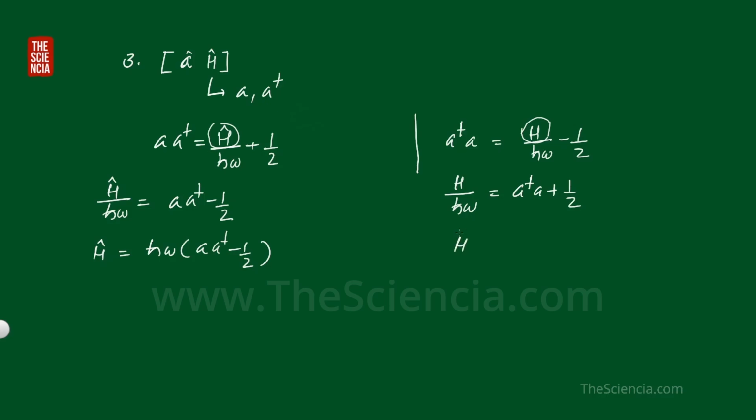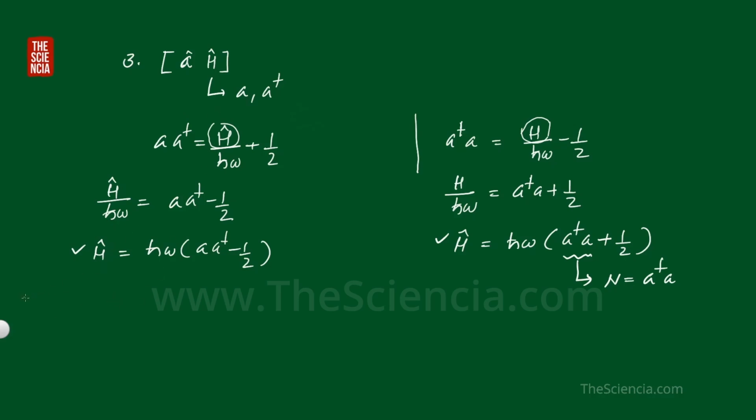Therefore H is equal to H cross omega into A dagger A plus 1 by 2. Where this A dagger A is called the number operator, that is, n is defined as A dagger A. So by using this expression for H, we can find the commutator A, H.